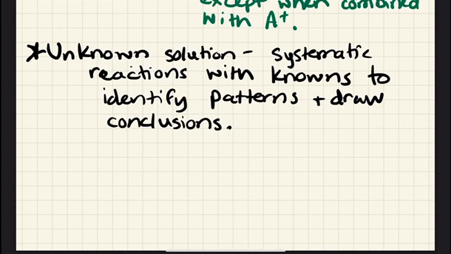So you'll have to carefully track what results you're observing. Are you seeing a precipitate? Not seeing a precipitate. And you'll have to draw some conclusions about it. Is that precipitate caused because of the anion in the known solution or the cation? And multiple different tests can allow you to draw those conclusions. But it's kind of a holistic analysis of your set of data with the information you're provided.